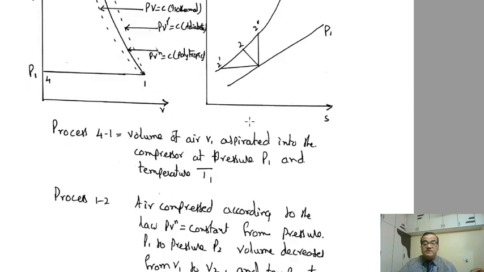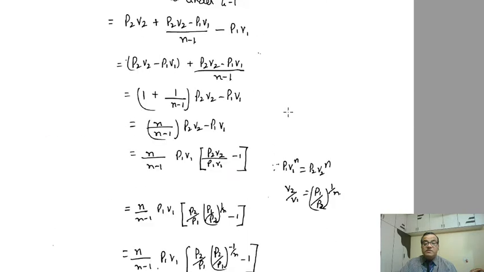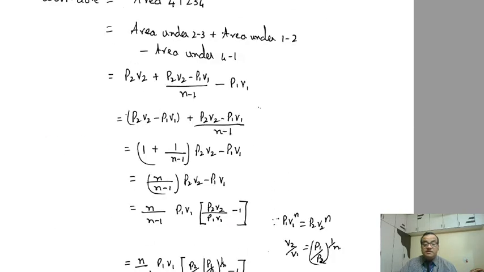So when I say that, just see here how exactly the equation looks like. Area under 2, 3 is P2 V2, because pressure is P2, volume is V2, plus area under 1, 2, which is a polytropic process, P2 V2 minus P1 V1 by n minus 1, minus area under 4, 1, which is below the area of the hatched lines, or I can say the PV diagram where the work is done, minus P1 V1.